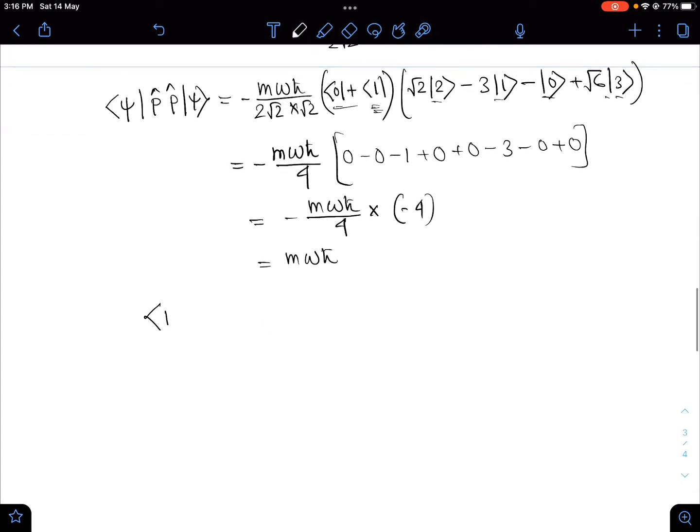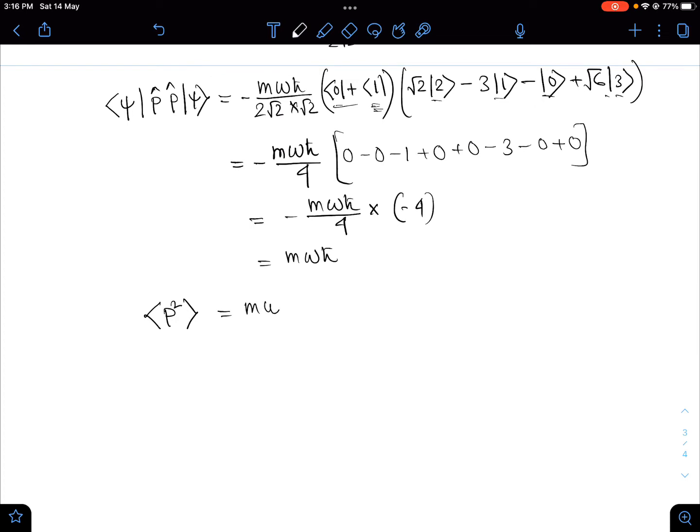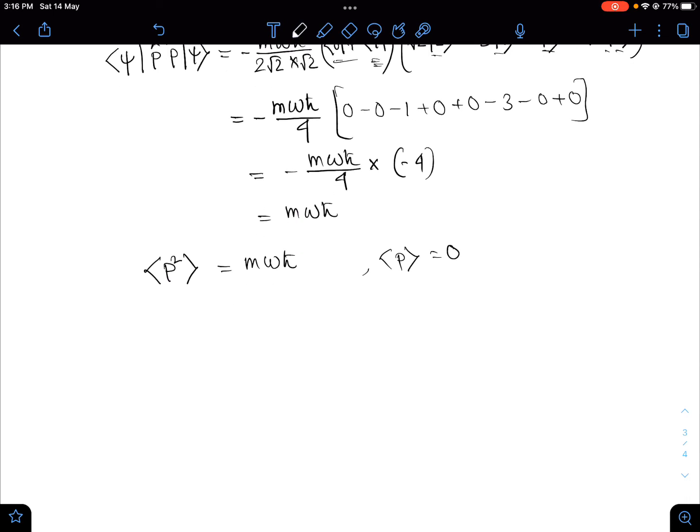So we have delta p squared average to be m omega h cut, and we have p average to be 0. So what will be the uncertainty? Let us put this value in our formula, so we will get our desired result.